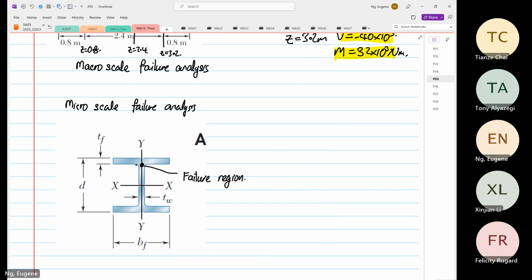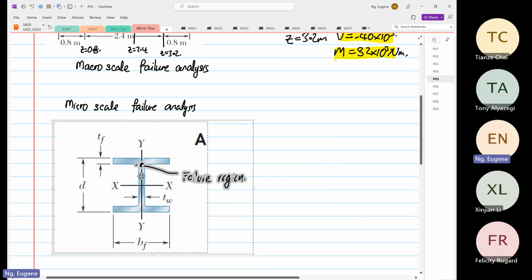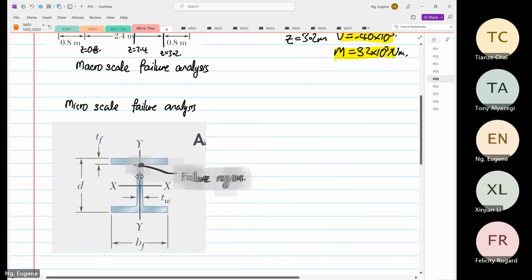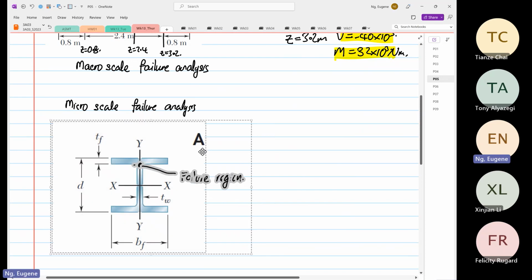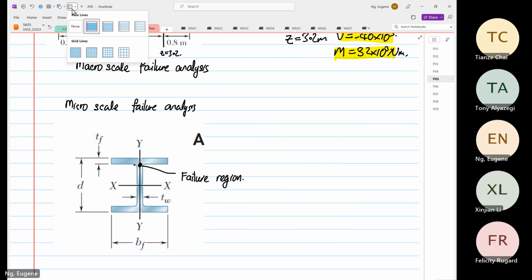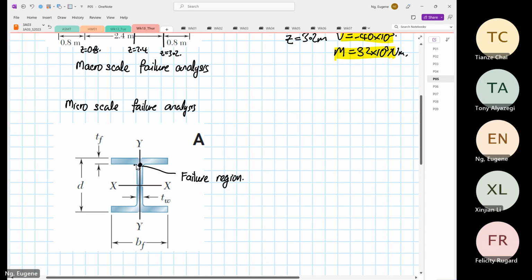Now, some of you might say, Eugene, why will failure occur over there? Now, if we were to sketch, I'm going to change this to a graph mode.